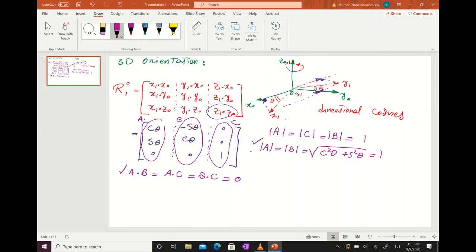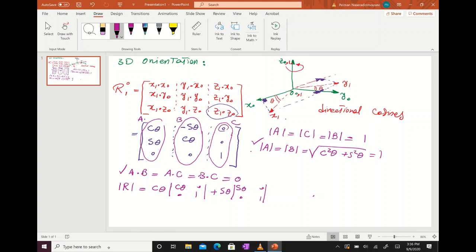Check. Okay, and the determinant of this 3D rotation matrix, let us do it together, is going to be cosine of theta times the determinant of cosine theta, 0, 0, 1, the cofactor, remember this, plus sine of theta times the determinant of sine of theta, 0, 0, 1, and the other term is 0.